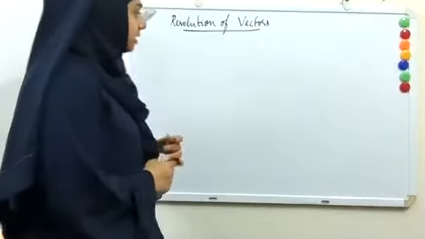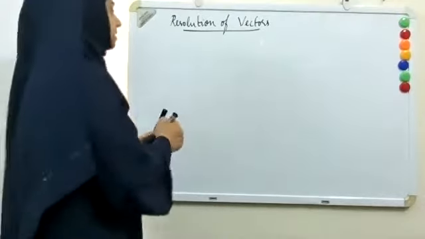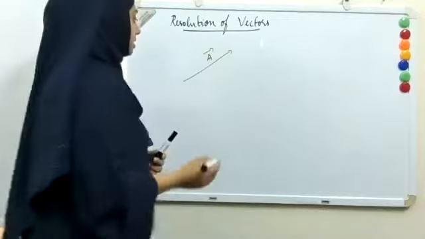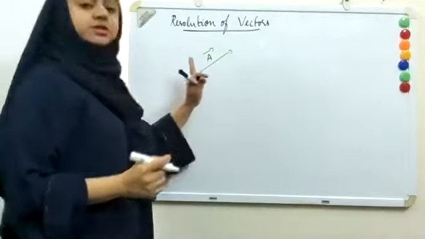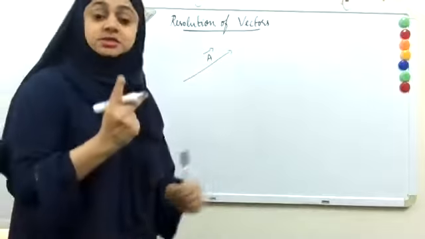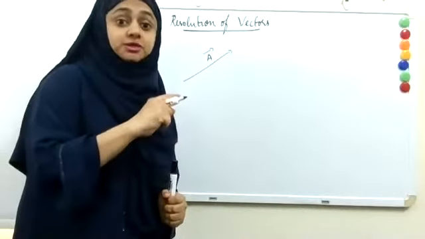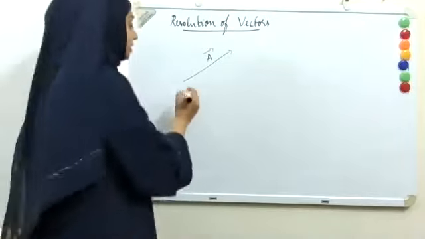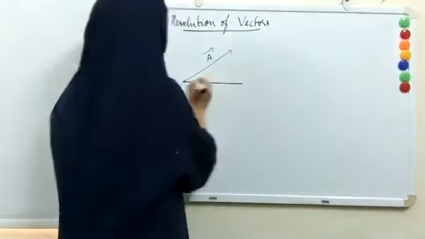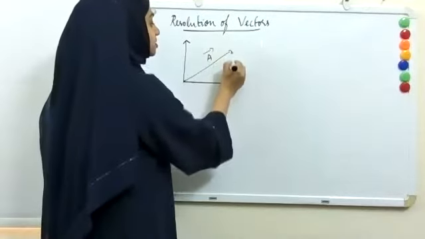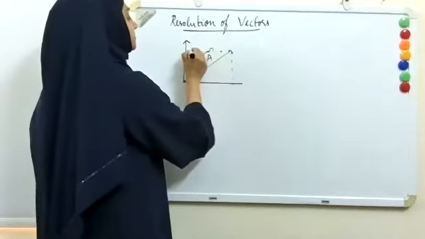So let us consider a vector A. Now, if I want to express this vector A as the sum of two vectors, in the first case, I will consider that the two vectors will be perpendicular to each other. So, I am going to resolve this vector A in two directions.